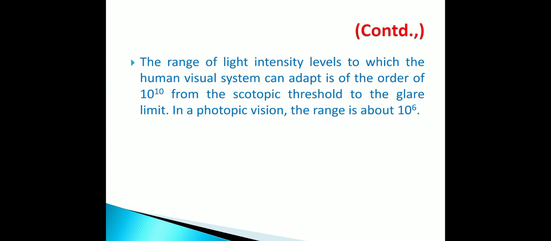This is the discrimination diagram. The range of light intensity levels to which the human visual system can adapt is on the order of 10 to the power of 10, from the scotopic threshold to the glare limit. In photopic vision, the range is 10 to the power of 6.